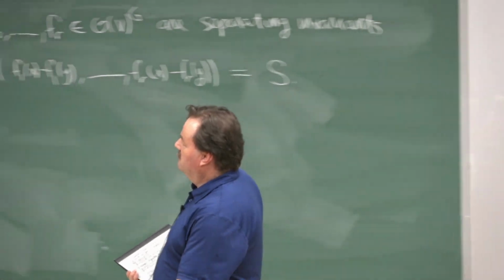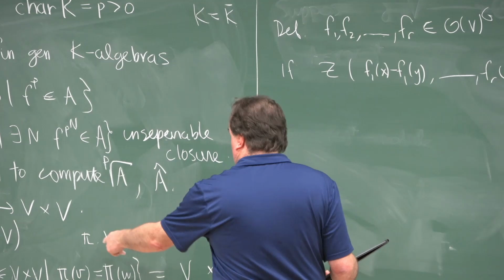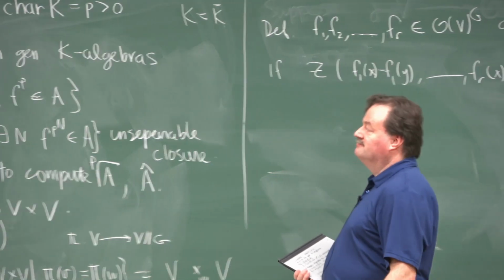Or well, when these fr's can separate orbits exactly when this quotient map can separate them.